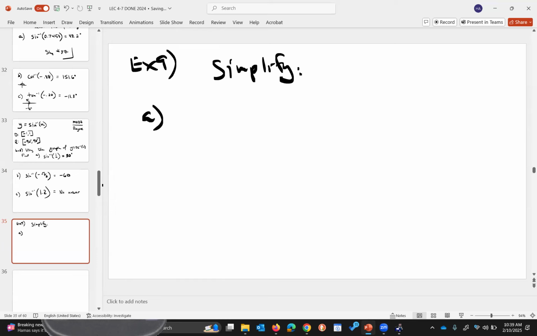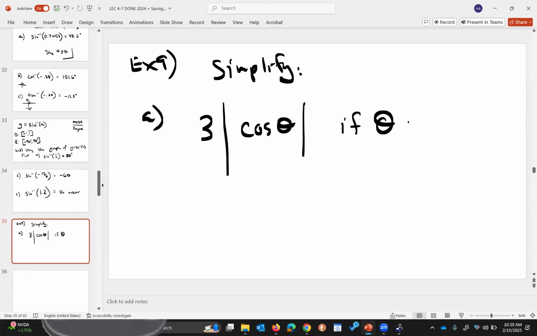Let's do sine because we're dealing with sine anyways. 3 absolute value of cosine theta. That's what I want to find, if theta is equal to cosine inverse of pi over 4.